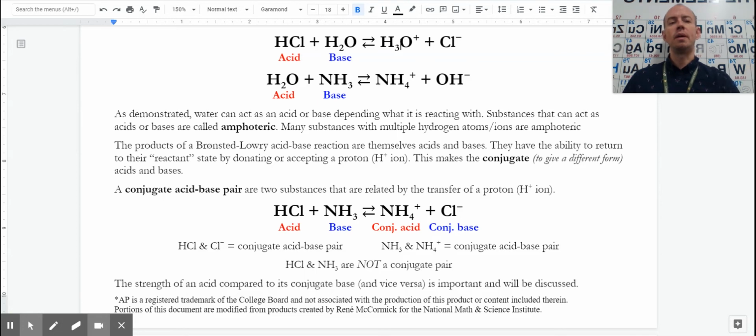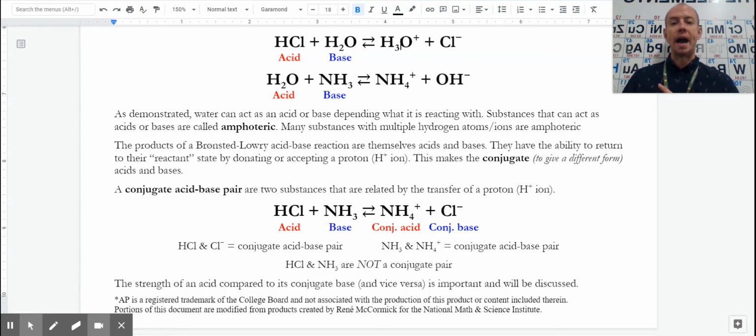And when we think about it going backwards, we are still exchanging a hydrogen ion. From left to right, the hydrochloric acid gives away its hydrogen. But when I go from this side back, that chloride gets its hydrogen back. It is accepting one, which means that it is itself acting as a base.